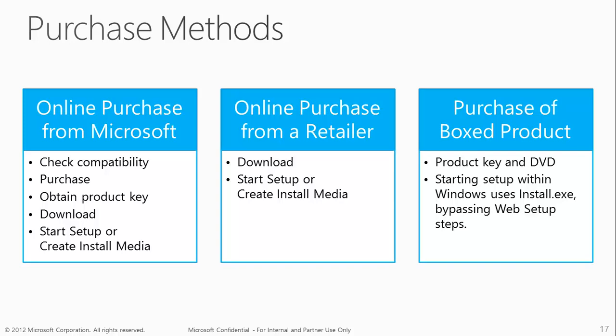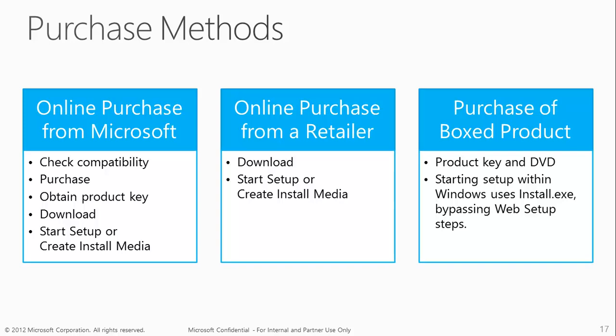versus an online purchase from a retailer. In this case, the customer has gone to a site like Amazon.com or something like that, and they've purchased Windows 8 as a digital download version.